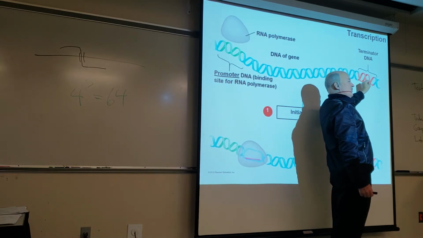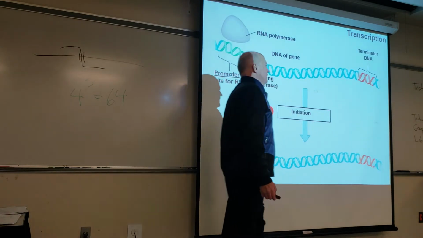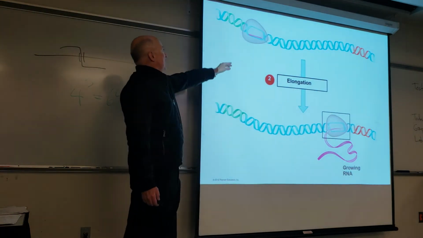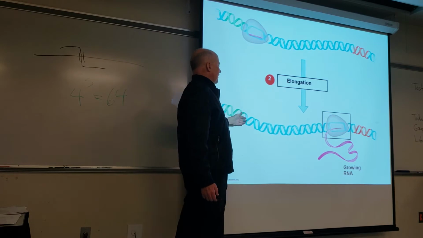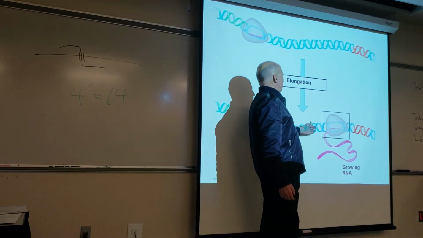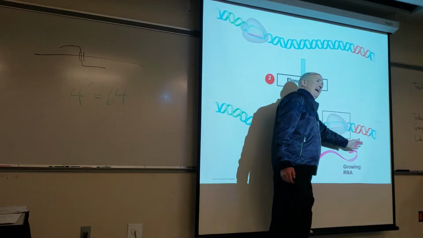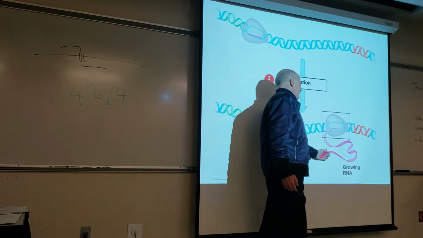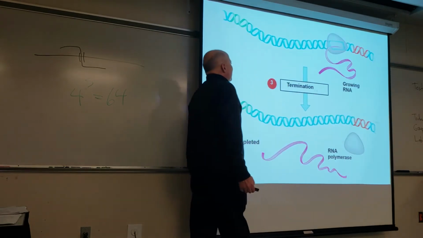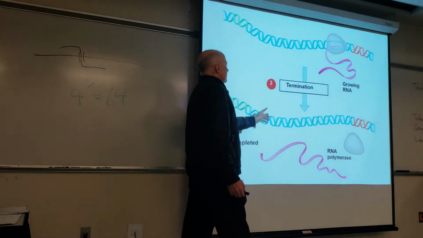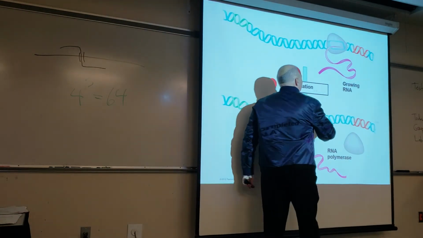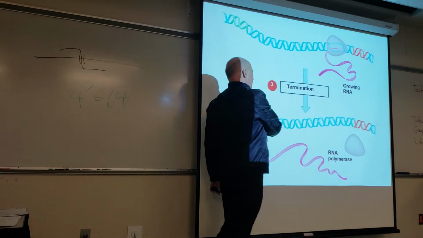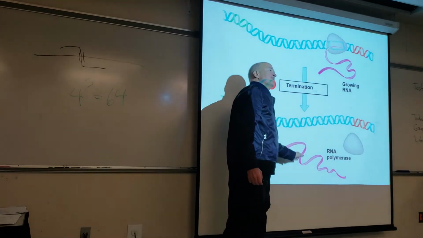That's telling it to stop the transcription. So RNA polymerase moves along, steadily moving from the promoter, heading toward the terminator. And as it does that, the RNA copy is spooling out the side of it. Eventually it reaches the termination sequence. It falls off the DNA molecule. The DNA is all back to being a double helix, and it releases the RNA.